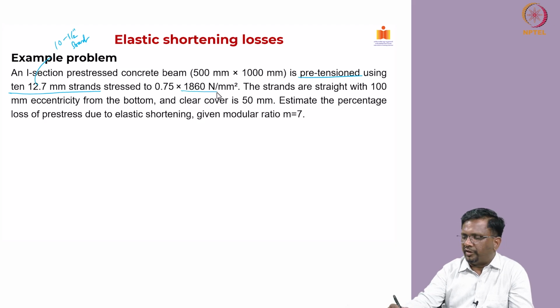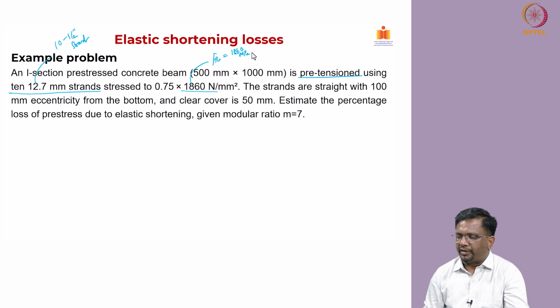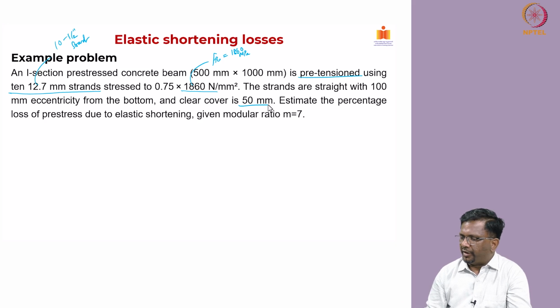This is FPU, and FPU is nothing but 1860 megapascal, right. The strands are straight with 100 mm eccentricity from the bottom, and the clear cover is 50 millimeters. We have to estimate the percentage of loss of pre-stress due to elastic shortening, and the modular ratio is already given to you as 7. So, let us look at it now.